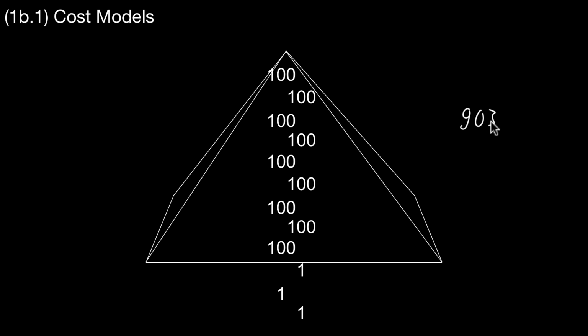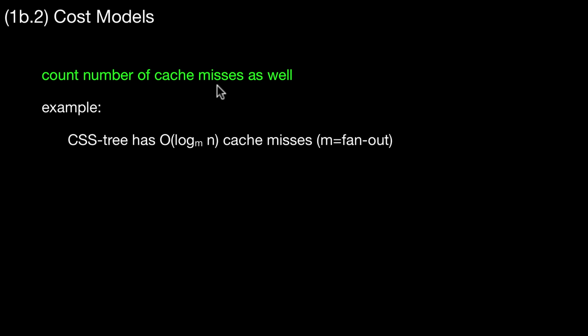And of course, then you can extend those cost models to factor in other things. For example, you could say, well, I also count the number of cache misses. Whether that makes sense or not depends, because if the total costs are dominated by the random I/O from disk, maybe you won't feel a difference by doing that, but that really depends on the algorithm. So let's assume we count that as well. An example from data structures is the CSS tree, which has log_m n cache misses.